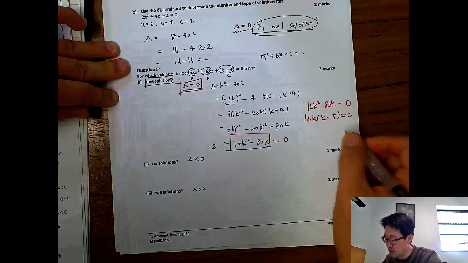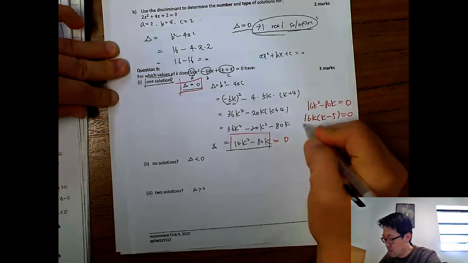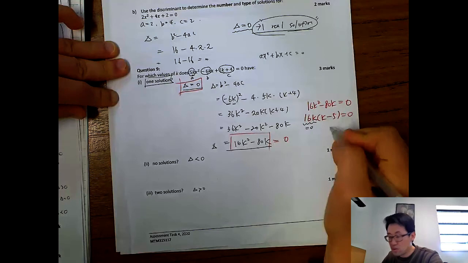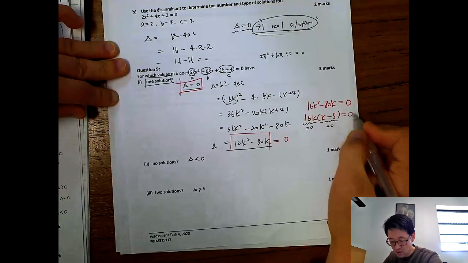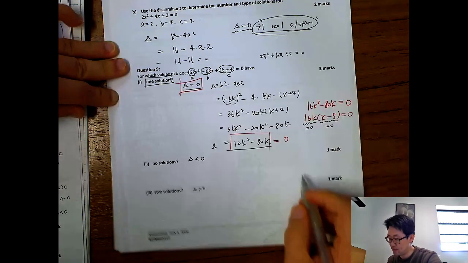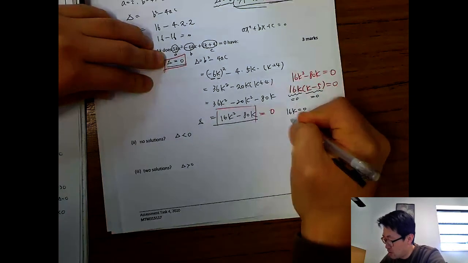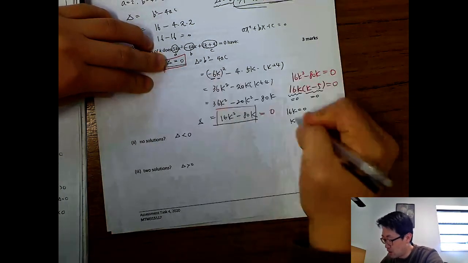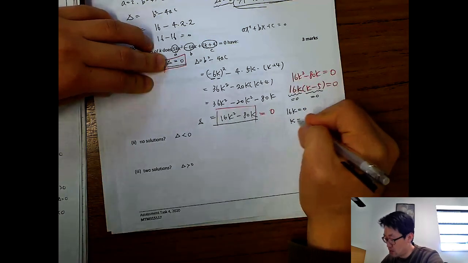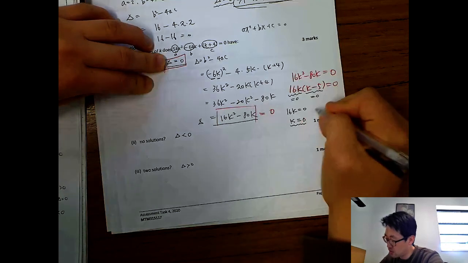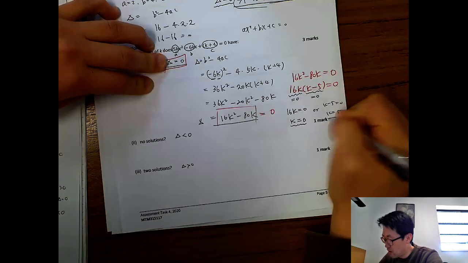This equals 0 or that equals 0 will give us 0. So 16k equals 0 makes the whole thing 0. 0 divided by 16 is 0, so k is 0. Or k minus 5 equals 0, so k equals 5.